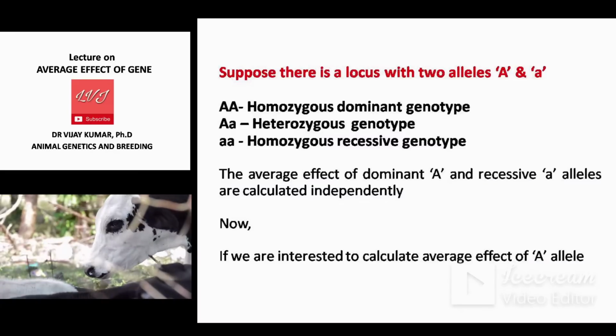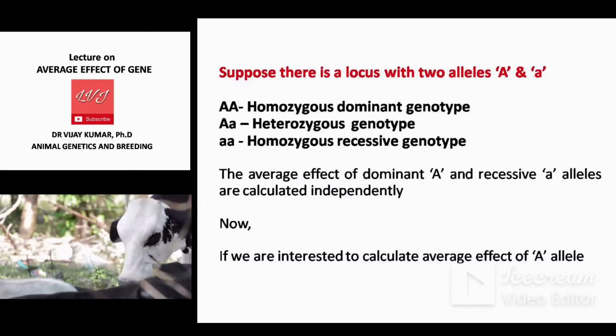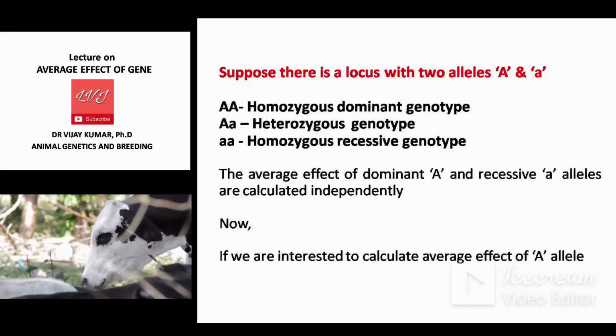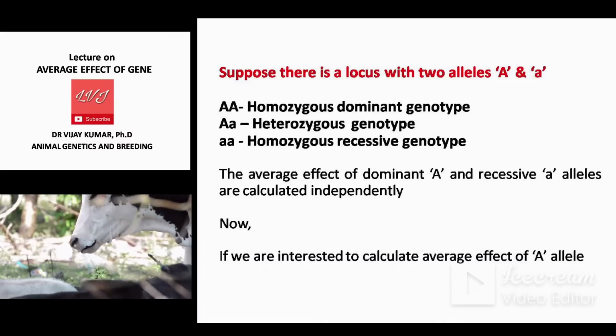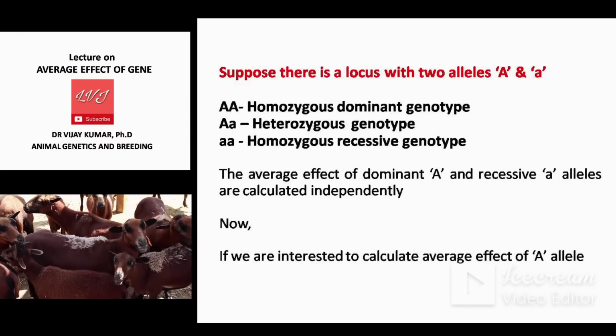Suppose there is a locus with two alleles, capital A and small a. Capital A is for the dominant allele and small a for the recessive allele. So we have a total of three genotypes. First, capital A capital A, homozygous dominant genotype.